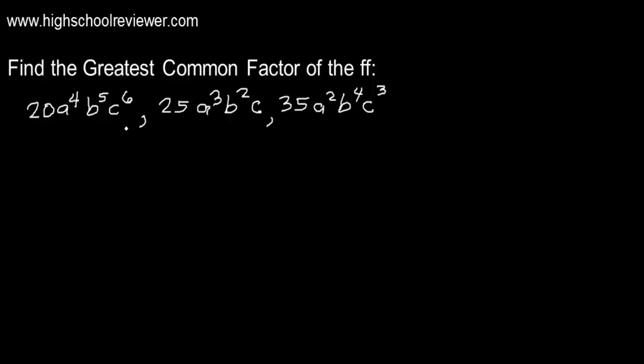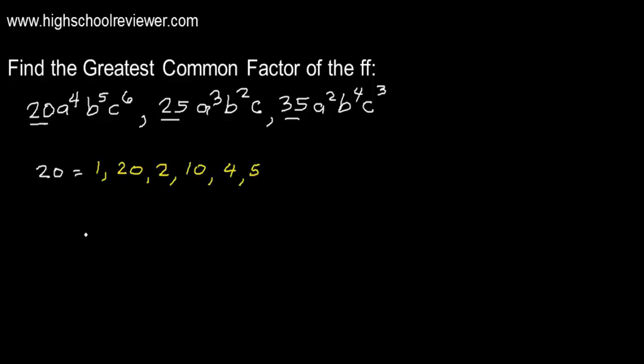Let us first find the GCF of all the constants. We have 20, 25, and 35. For 20, our factors will be 1 and 20, 2 and 10, and then we have 4 and 5. How about for 25?